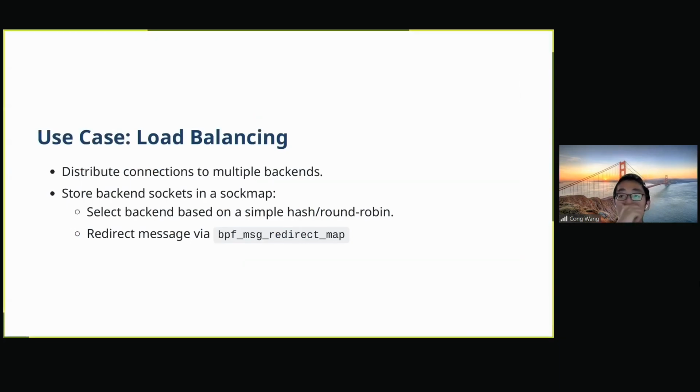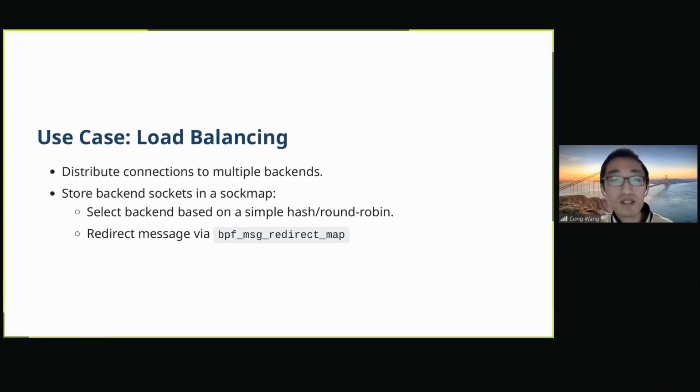Okay, the next use case or example I'm going to show here is slightly more complex, which is load balancing. In this example, we try to do load balancing between different sockets within a socket map.